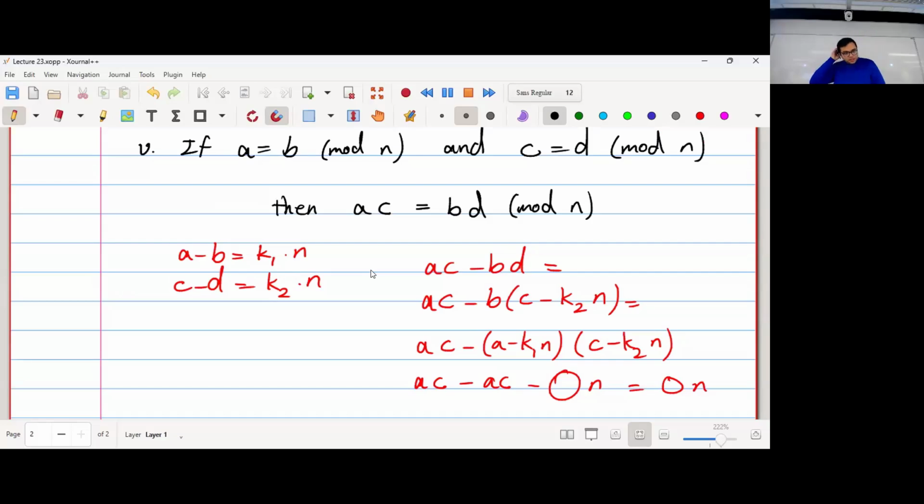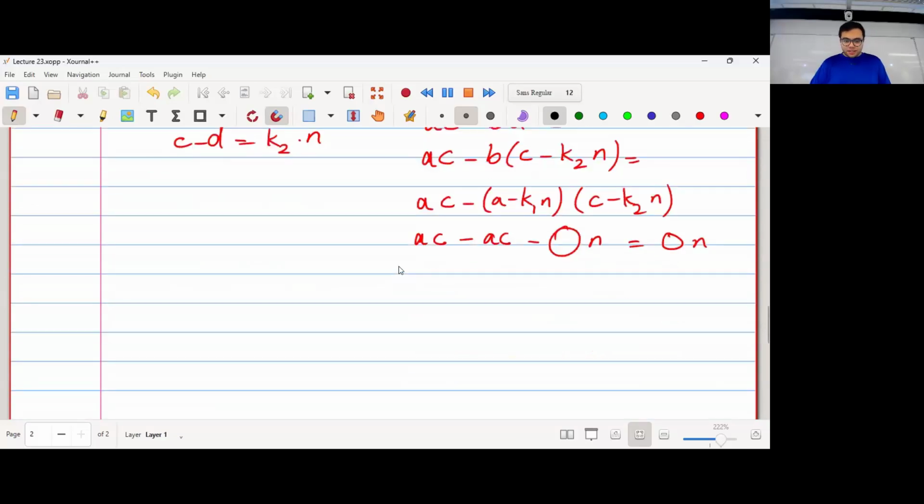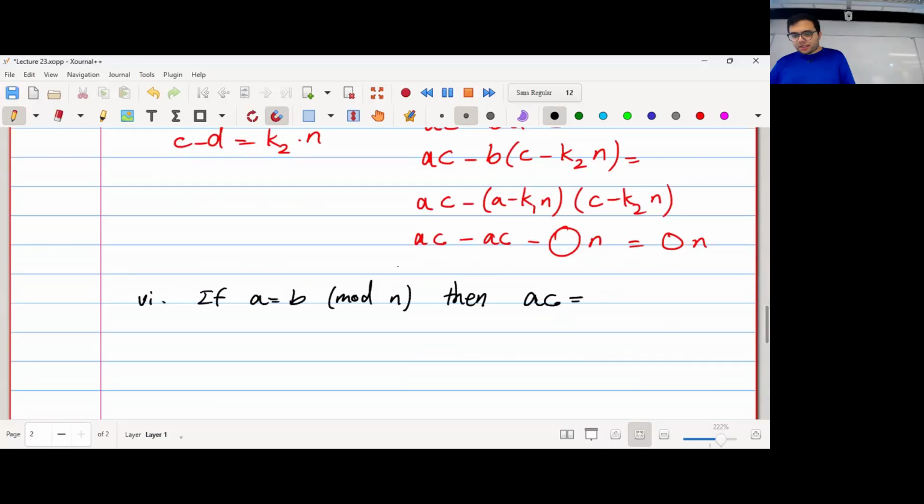Yeah, as a special case of this, I can do this. I can say that if A is congruent to B modulo n, I can just multiply both sides by some constants. Then AC is congruent to BC modulo n.